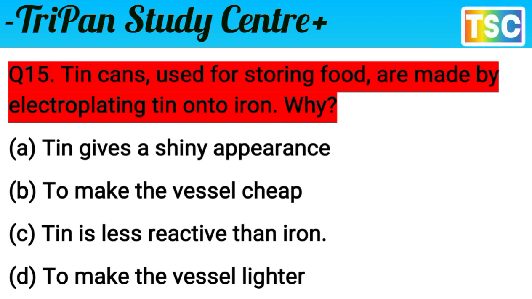The correct answer is C: tin is less reactive than iron. So tin cans used for storing food are made by electroplating tin onto iron because tin is less reactive than iron. That's an important question.